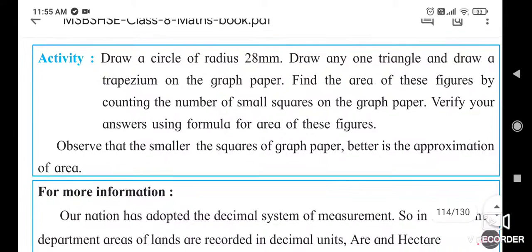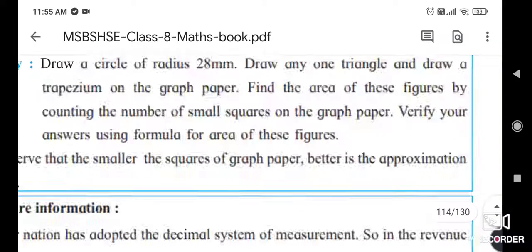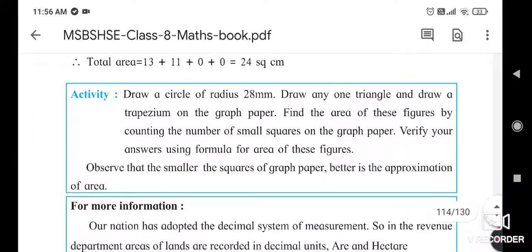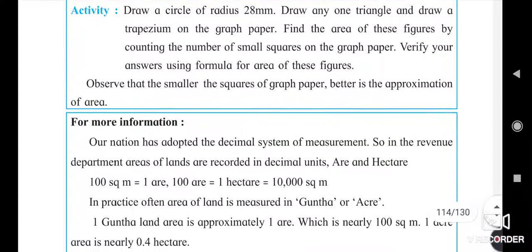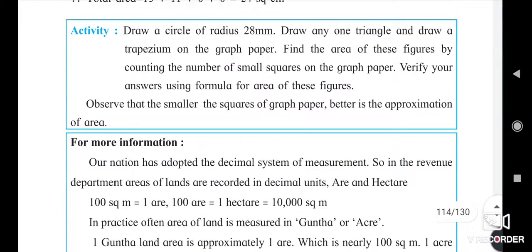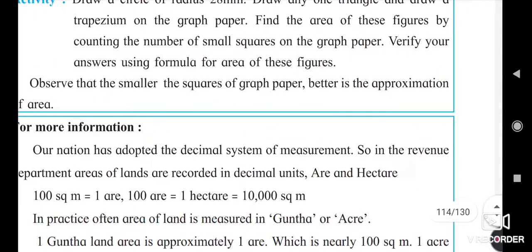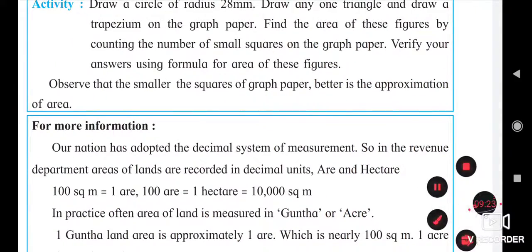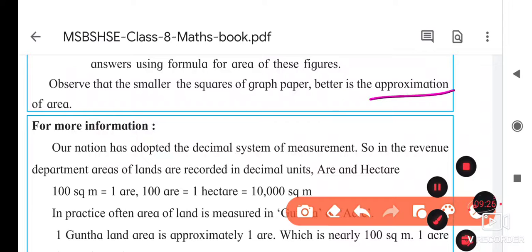We have to find the area by counting the small squares on the graph paper, and also by using our graph method, and check whether the approximate values are near the correct answer or not. So this is the activity.